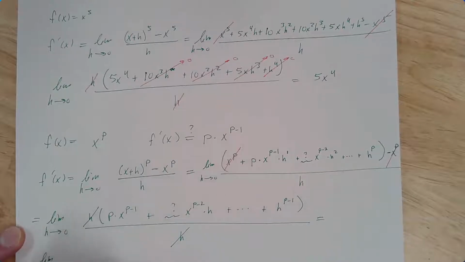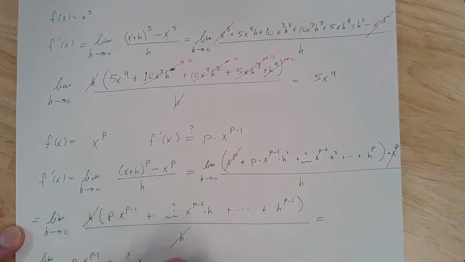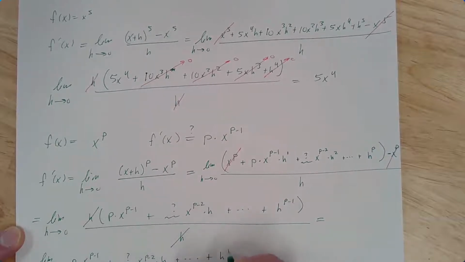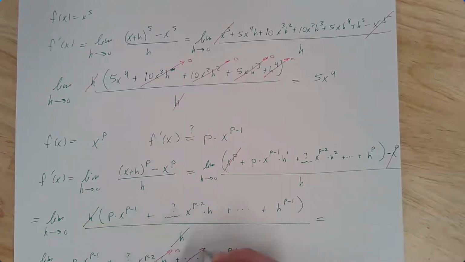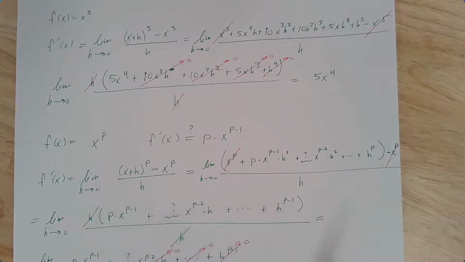The limit as h goes to 0 of p times x to the p minus 1 plus we don't know times x to the p minus 2 times h plus a bunch of other terms that all have h's in them. And if h is going to 0, all these other terms are going to 0.